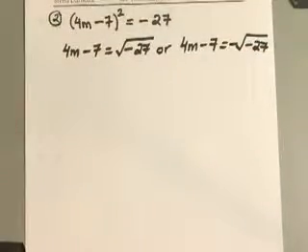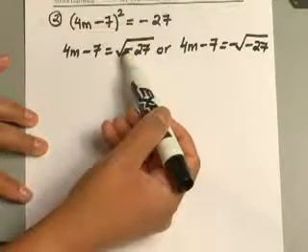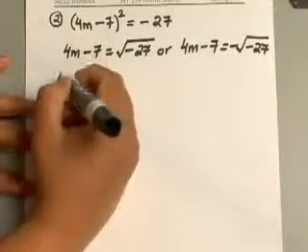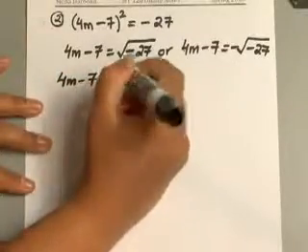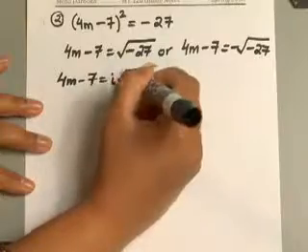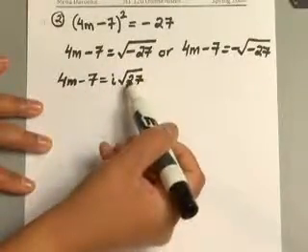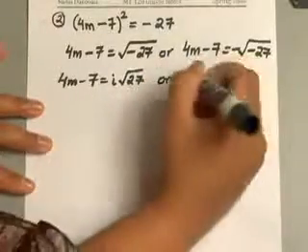So again, the first thing you want to do is take that negative inside your radical and make that into an i term. So you end up with 4m minus 7 equals i square root of 27. Again, we take the square root of negative 1 outside as i, and you're left with a positive 27 inside the radical.